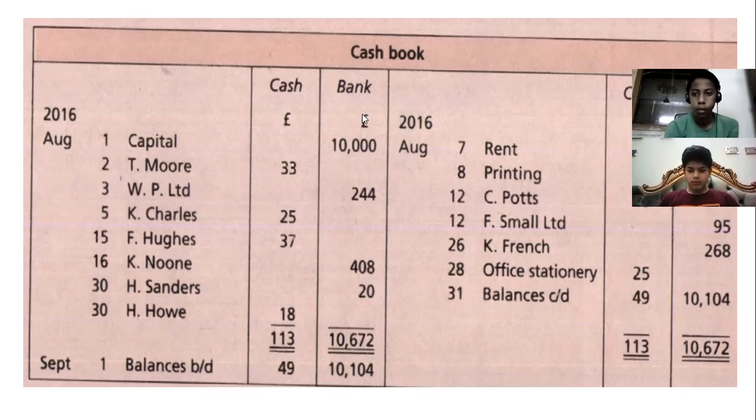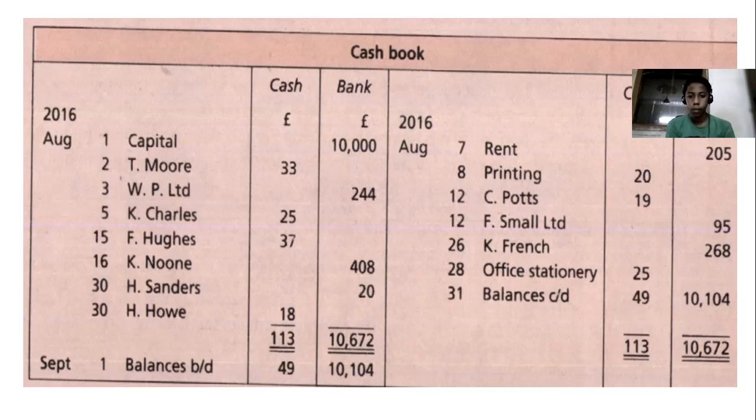Otherwise, what will happen? You will have a separate account for cash, a separate account for bank. Then you have to look in two different places. So in this way, you can see your cash and bank, and also another advantage is you can see the balance of both accounts in the same place. Can you see on the screen? This is the balance we have at the end of the month of August, and again the end of the month balance you have at the bank.